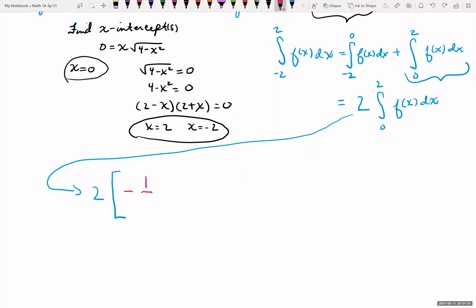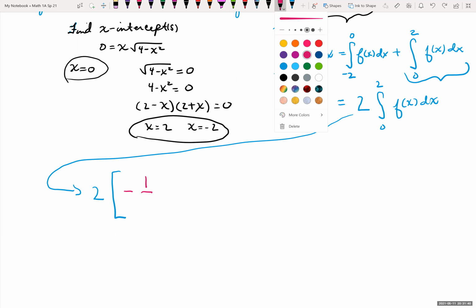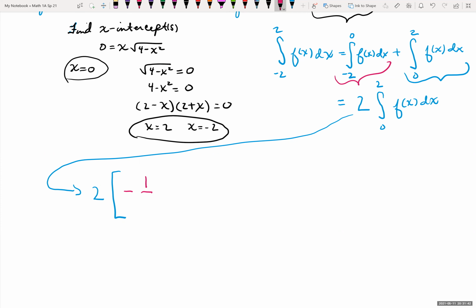Okay, so I just wanted to take a minute and make sure I wasn't doing anything wrong. We looked at the graph of this and we saw that the piece from 0 to negative 2 was below the x-axis. And so really we could just take the absolute value of this piece plus the piece above the x-axis, which is 0 to 2, which again, we know would be twice this value.